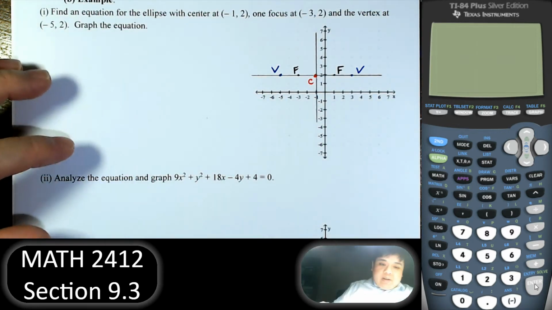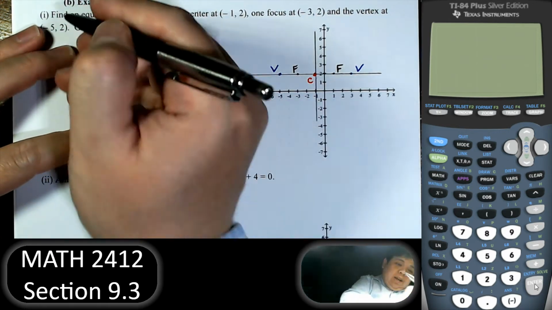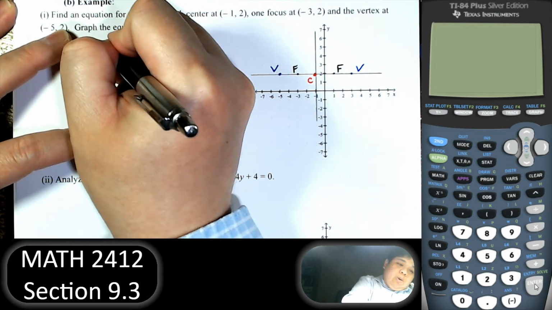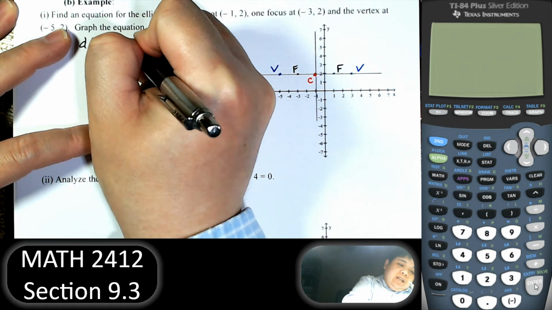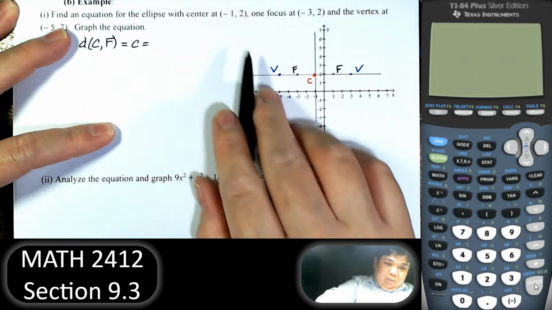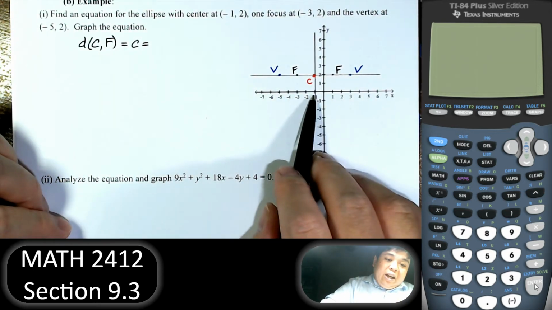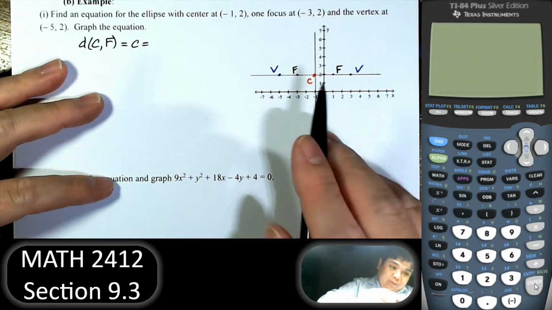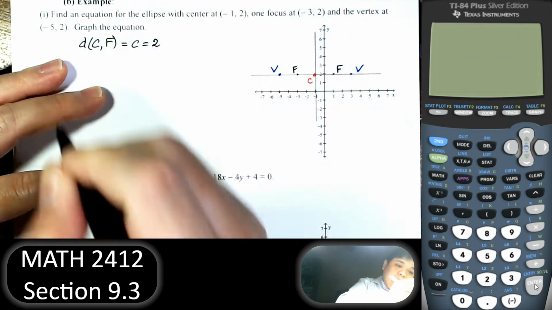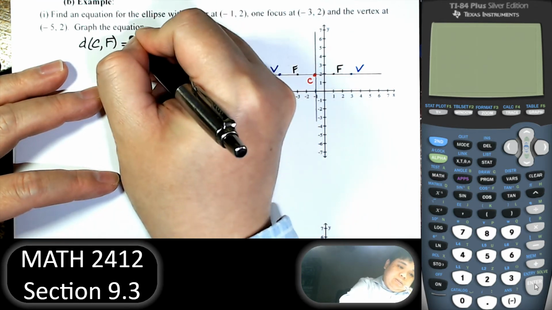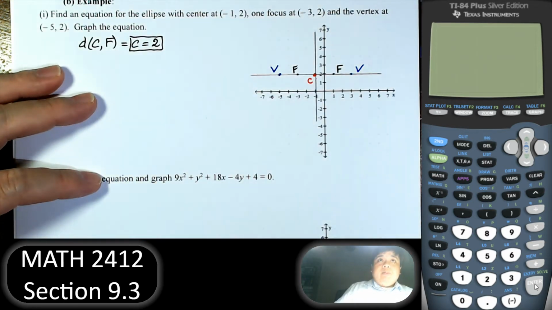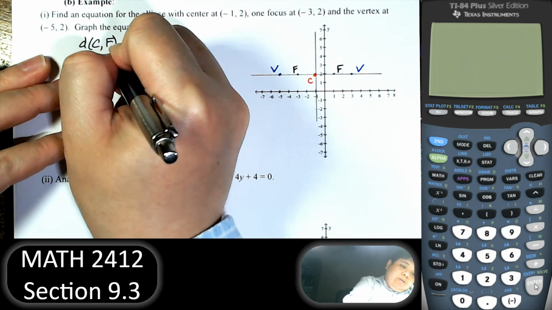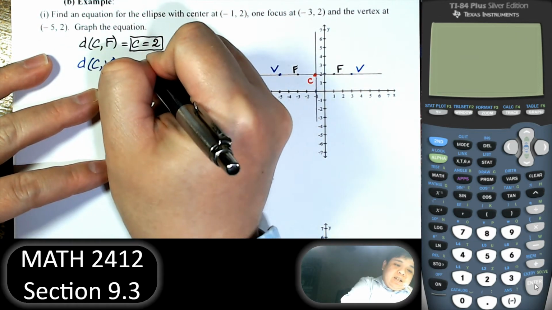Right, so first, what do we have? From the center to the focus, that distance is c. When we put it on the graph, the center at -1 and 2 and the focus at -3 and 2, that distance is 2. And the distance from the center to a vertex is a.